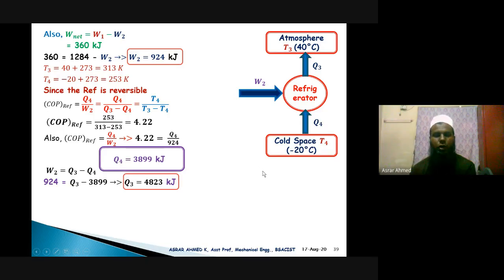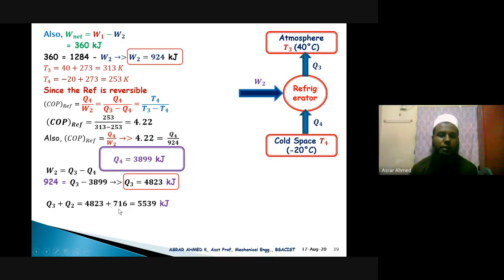Okay, so what we can do, so Q3 plus Q2, which is the total net heat transferred to 40 degrees centigrade. Just add Q3 from here and Q2 from the previous slide.